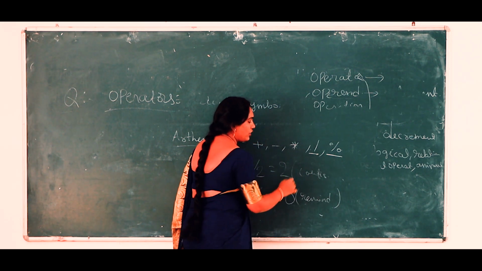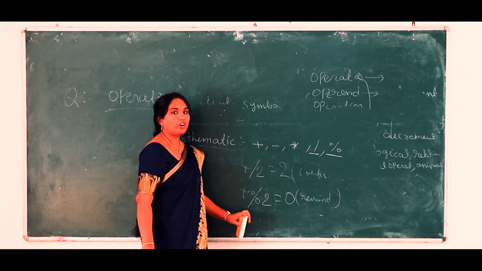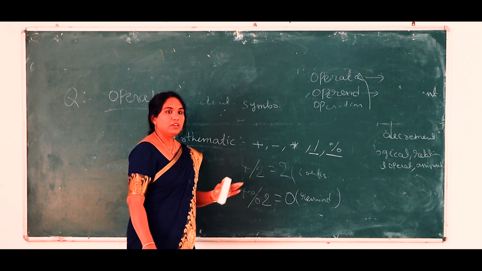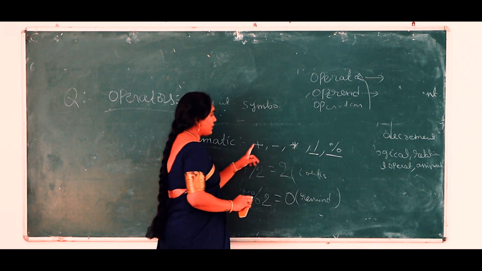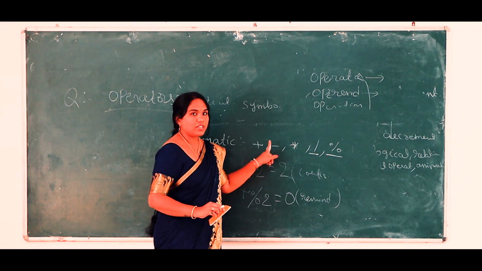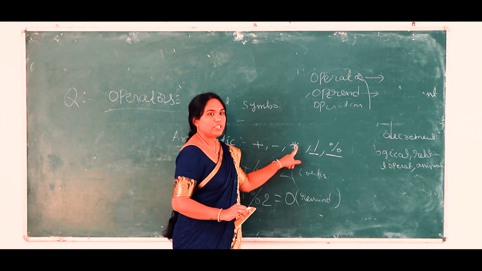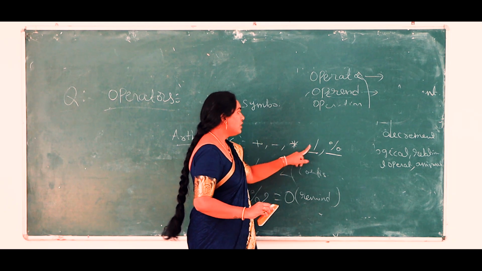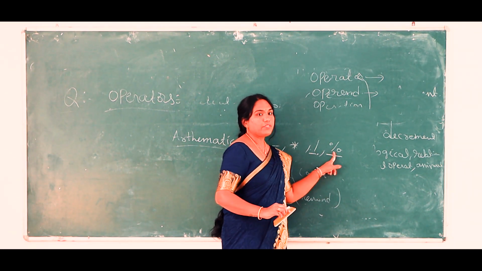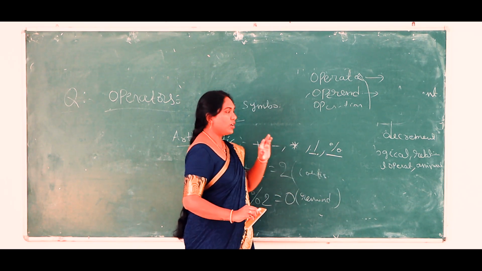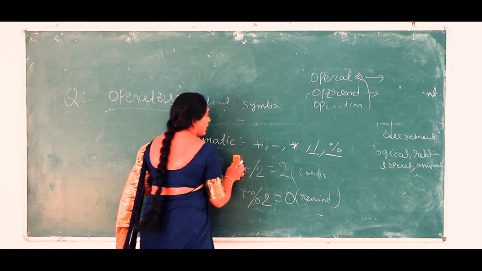I hope all of you know what the quotient is and what the remainder is. Plus is used for addition, minus for subtraction, into for multiplication. Division gives you the quotient value. Modulo division gives you the remainder. I hope you understood the arithmetic operators. Next.